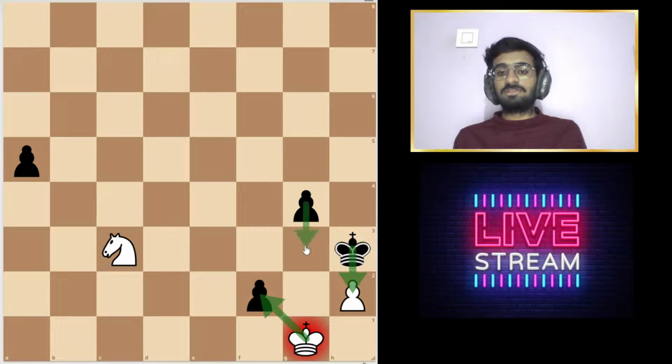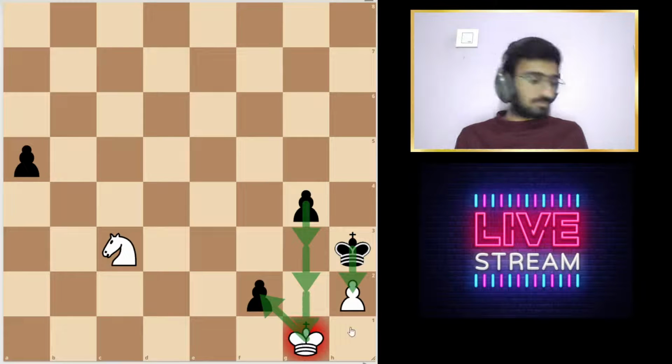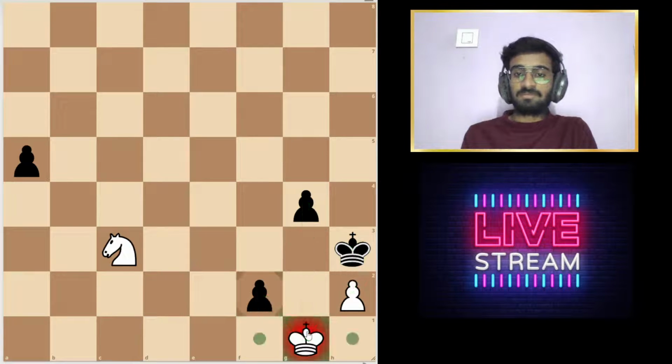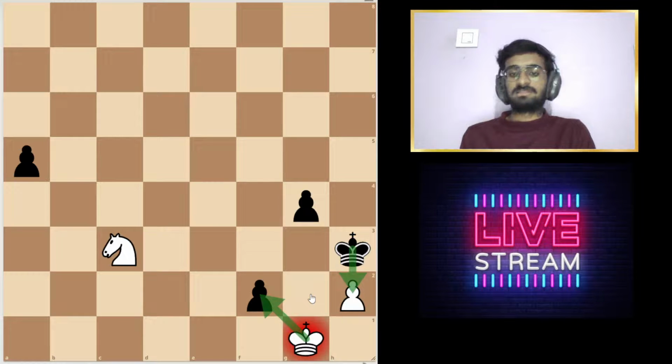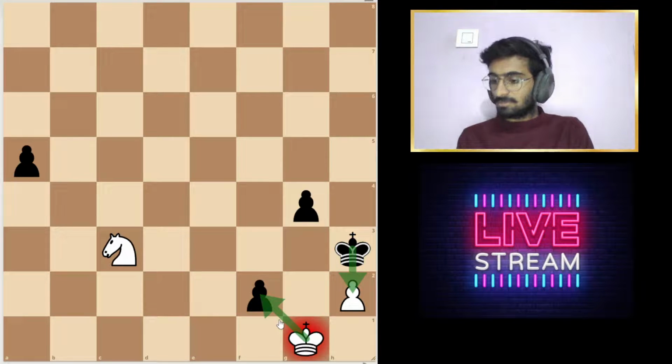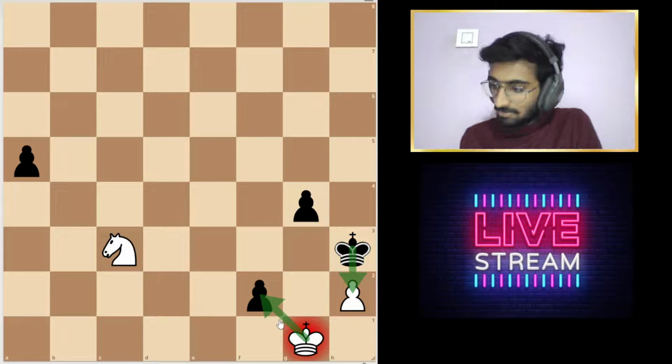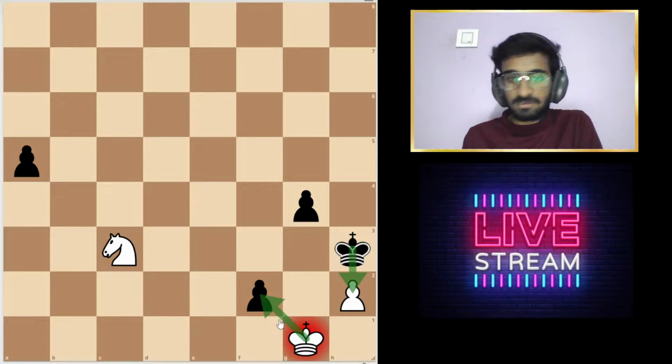Because then his pawn is coming. Think carefully. King takes, king takes, then what? Then take that upper pawn with the knight.